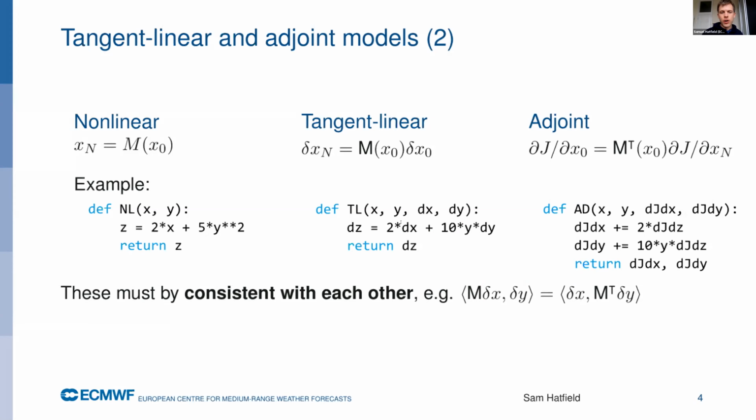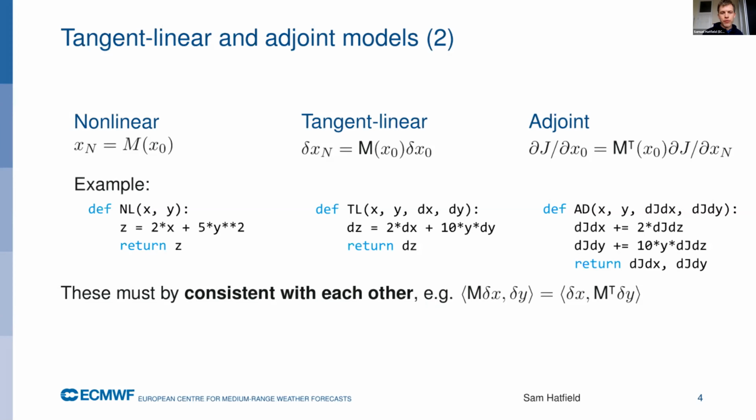If you look at the TL code, you can probably convince yourself that it looks like the derivative of this expression here. And the AD code is a bit more involved. I'm not going to explain it in detail, but I hope again that you can see the link between the AD code and the TL code. It is essentially the transpose.